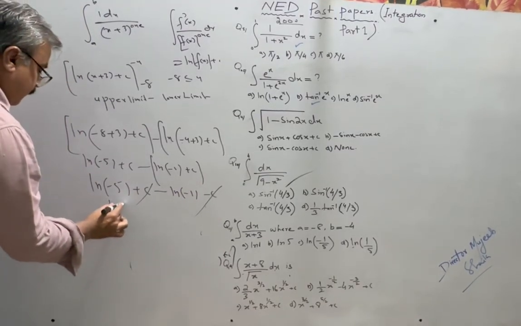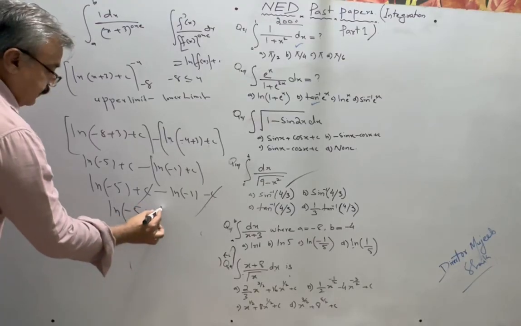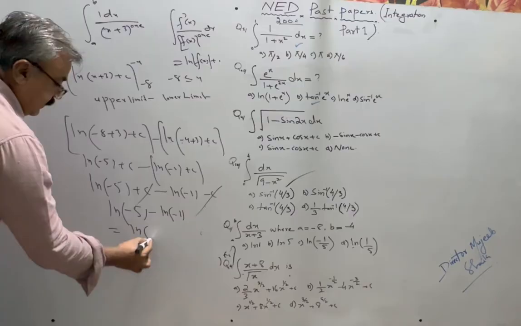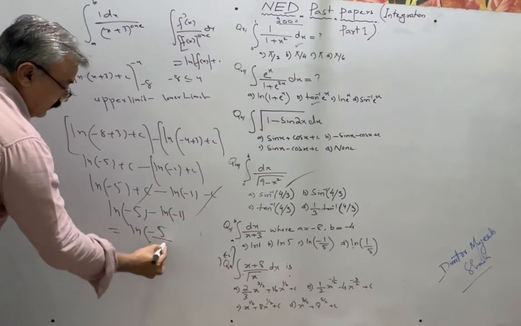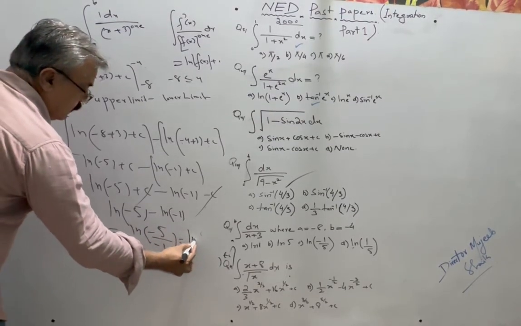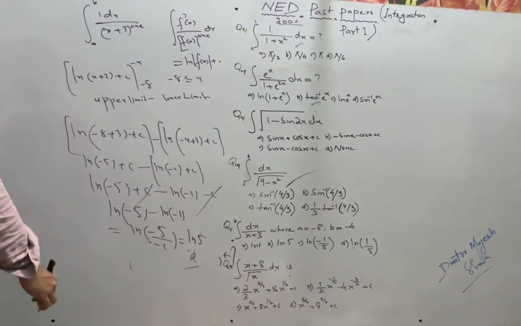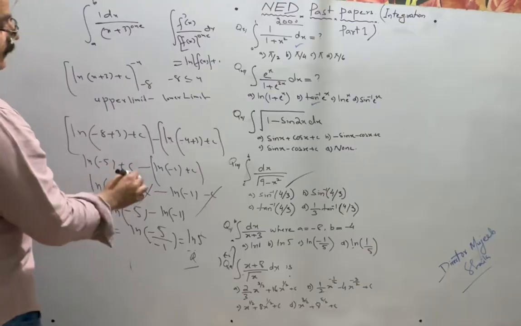Applying the property of logs, subtraction of separate logs can be written as division. We are left with ln of 5 over 1, so ln 5 is our answer in that case.